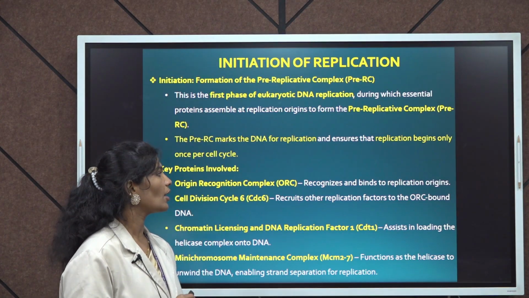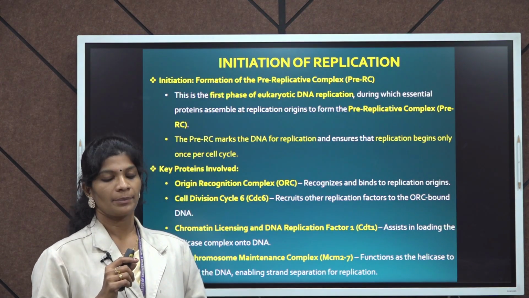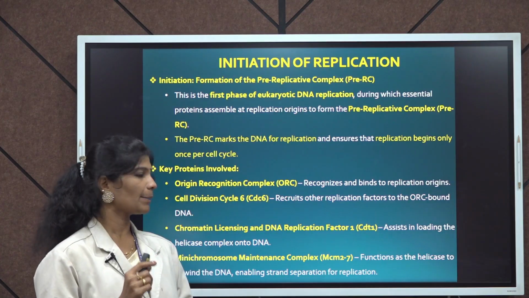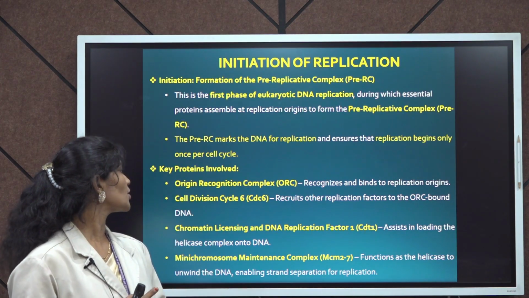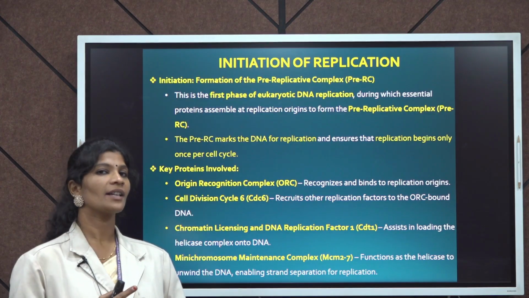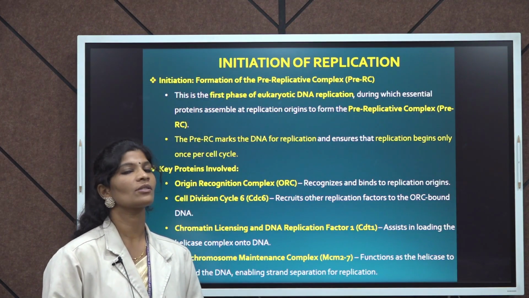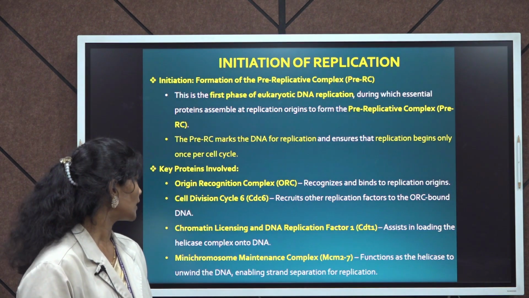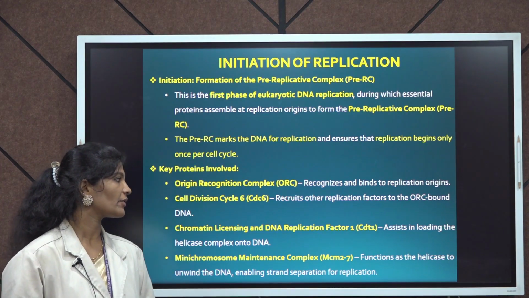First one is ORC, the site where the enzymes recognize and bind to the replication origin, and the second is cell division cycle 6, also called CDC6. It recruits other replication factors to the ORI binding site. The third one is CDT1, also called chromatin licensing and DNA replication factor 1.